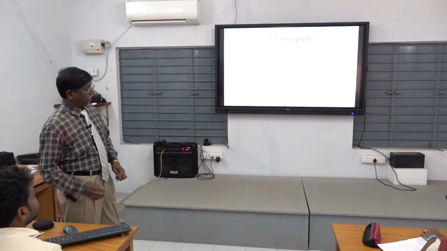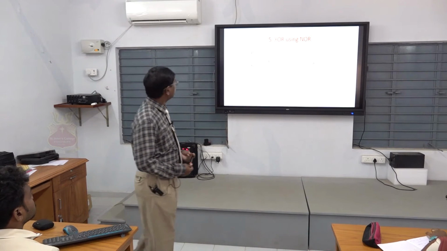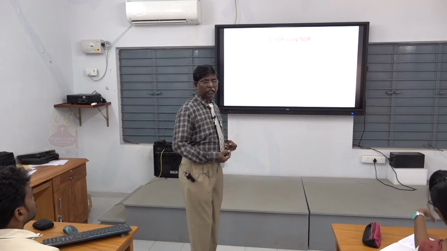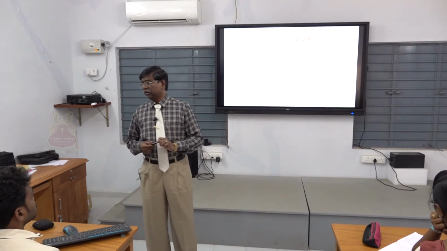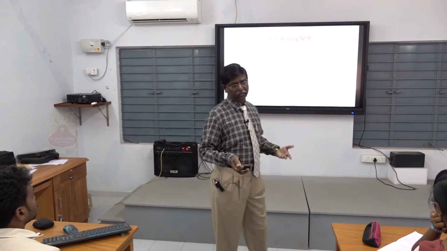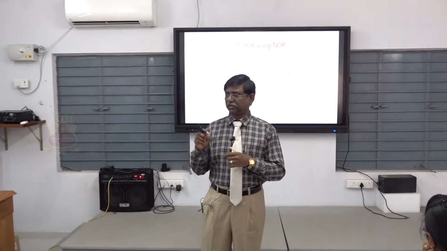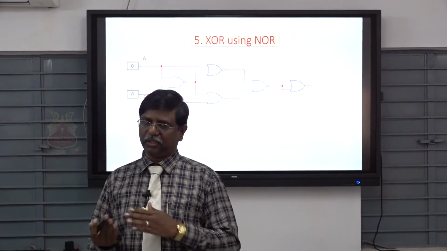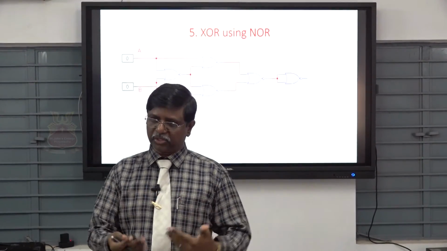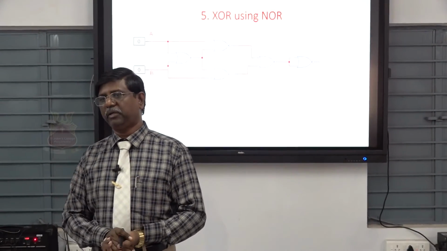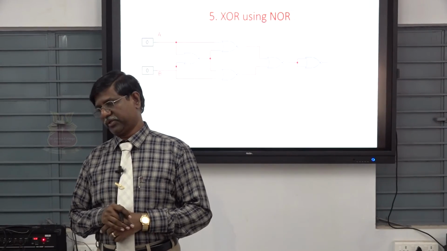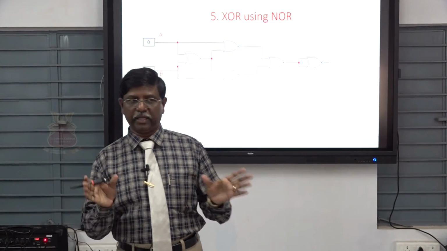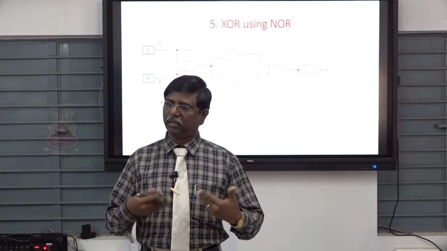Then finally XOR gate. In the topics that we have covered so far, XOR gate is the gate which is a bit more complicated. It is a combinational circuit with two different AND expressions combined by an OR expression.